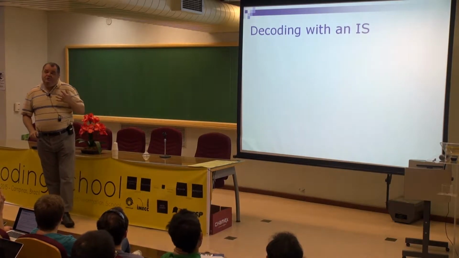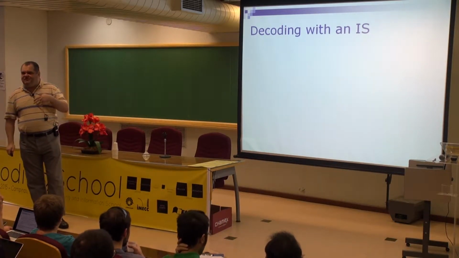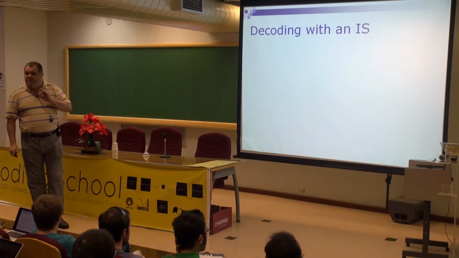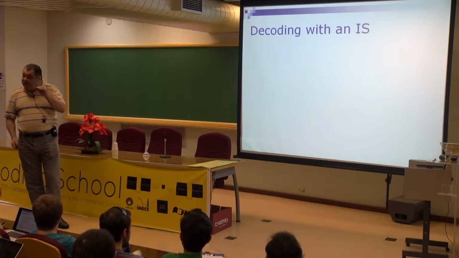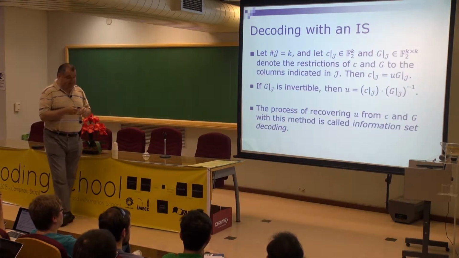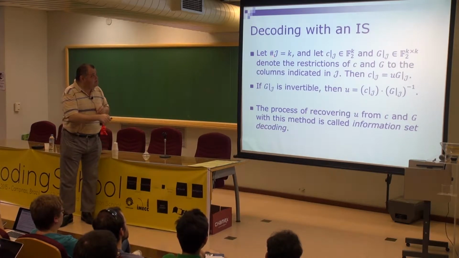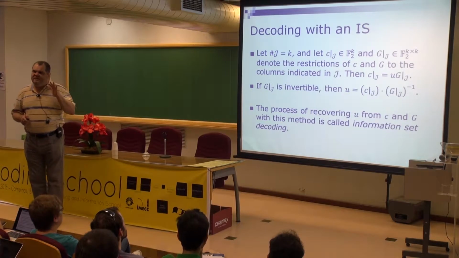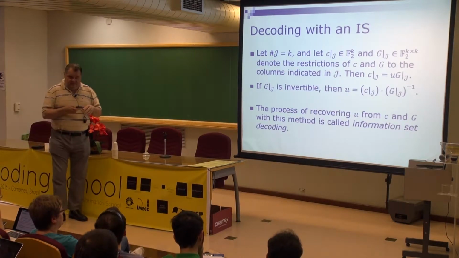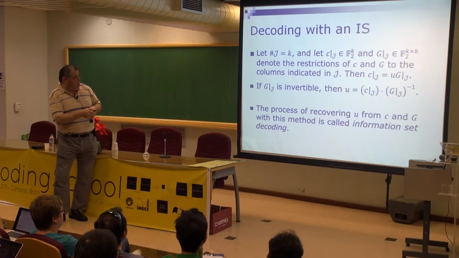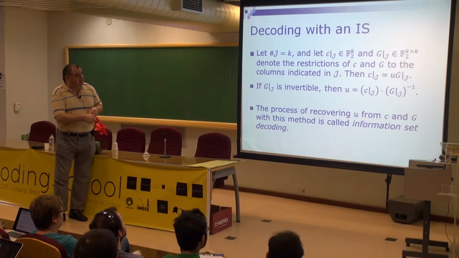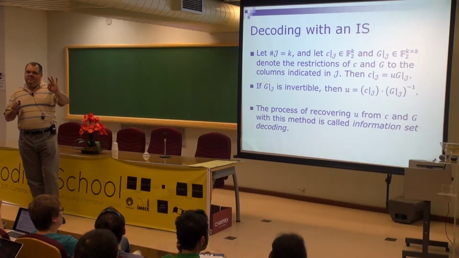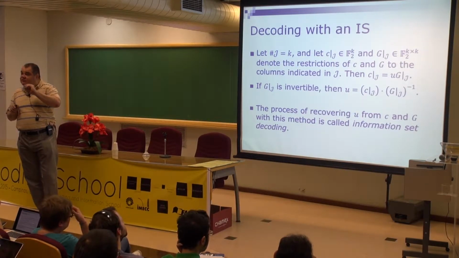Okay, how do we decode given an information set? Assume we have an oracle that knows one information set, a set of positions where we don't have any error. So that will be easy, if the size of the information set is at least equal to the code dimension k. What do we do? Restrict the given blurry code word to the coordinates specified by your information set.